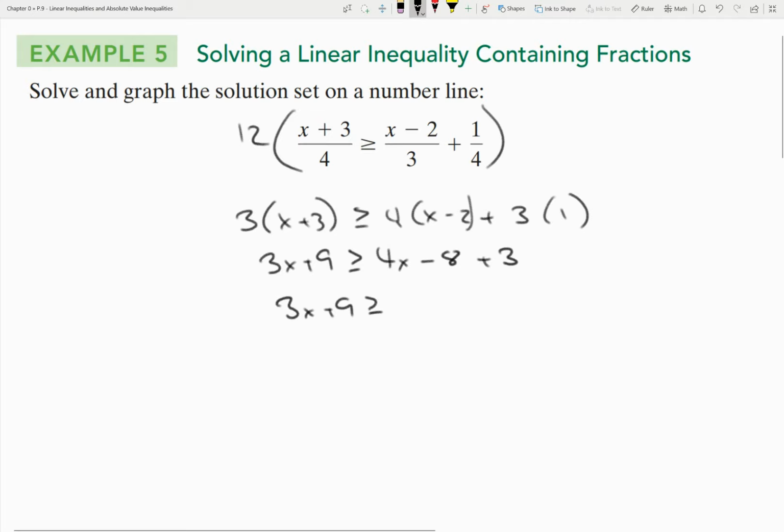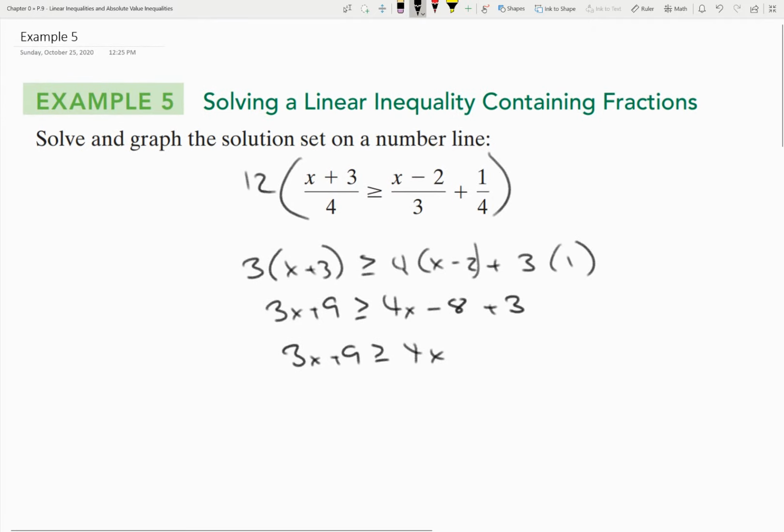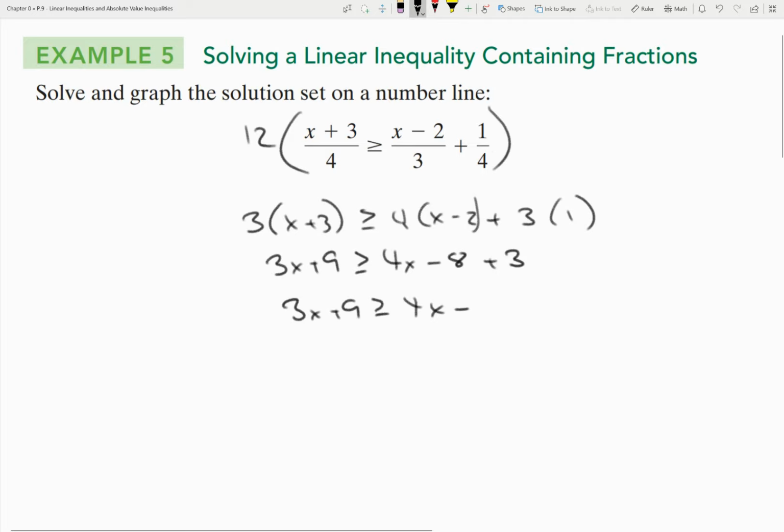Combine like terms. So we have 4x, -8 plus 3 is -5. Subtract 4x from both sides, that's -x. Subtract 9 from both sides, we have -x is greater than or equal to -14.